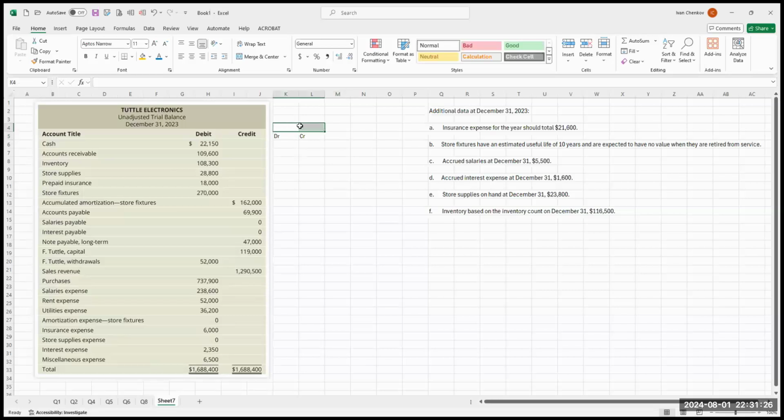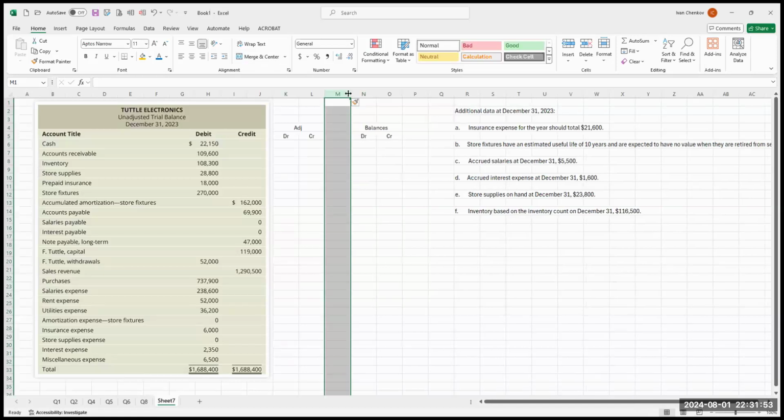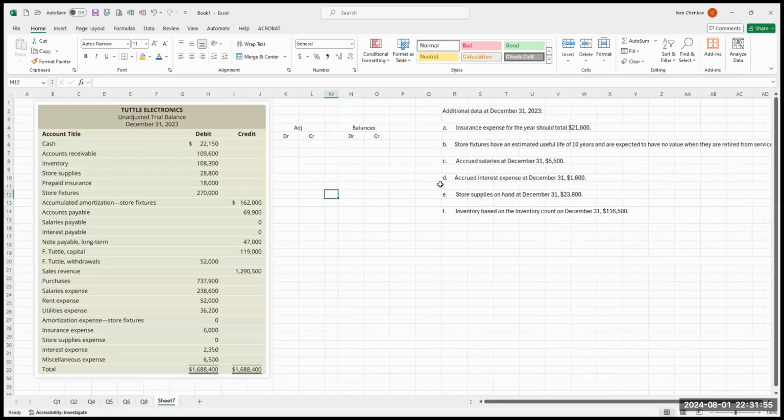Those will be my adjustments, and this will be the balances at the end. Again, that will be my debit, and this will be the credit. So let's start with the journal entries first. I can use one here to insert the letters on the journal entry.